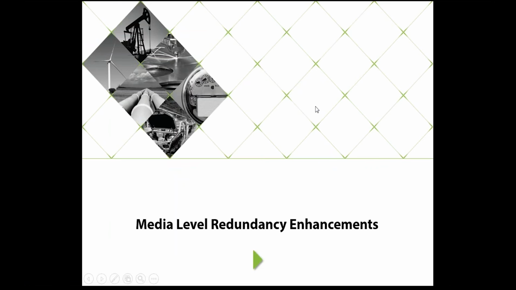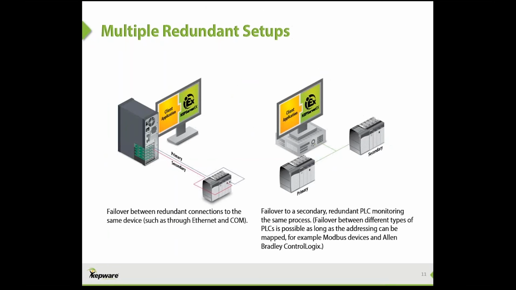All right, so we'll first talk about media level redundancy enhancements. So what is media level redundancy, first and foremost? It's a feature that many of the drivers in KEPServerEX support. Users can use this to fail over between device connections. So for example, maybe I have my primary connection to a device, maybe a remote device.